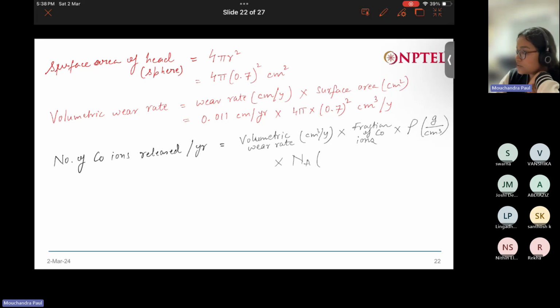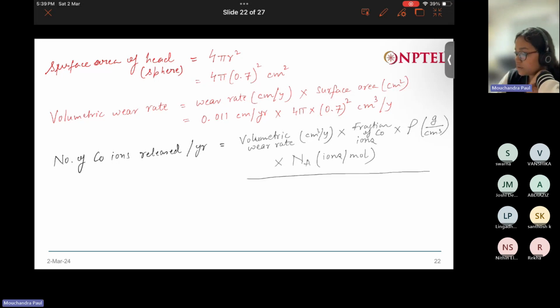Avogadro's number unit is atoms per mole, or in this case ions. This much ions is present in 1 mole. So we'll take help of that.